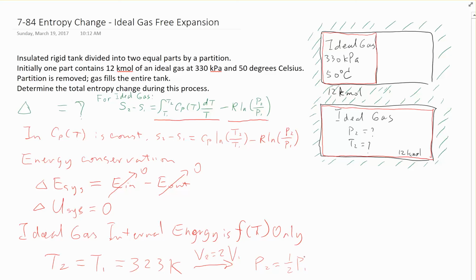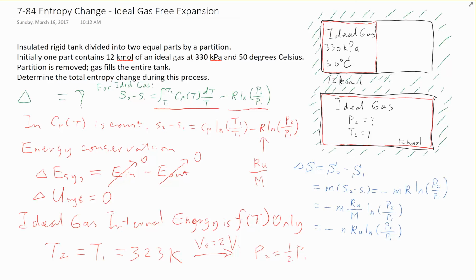Okay, so now we have the ratios T2 over T1 and P2 over P1. We need to make some changes to this equation. Remember, this R is equal to the universal gas constant R sub U divided by the molecular mass of the ideal gas. Now I'll pause for a moment and write the new equation.